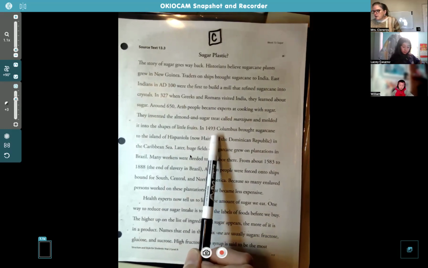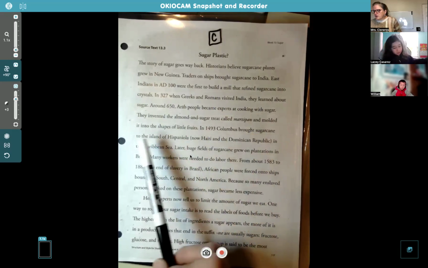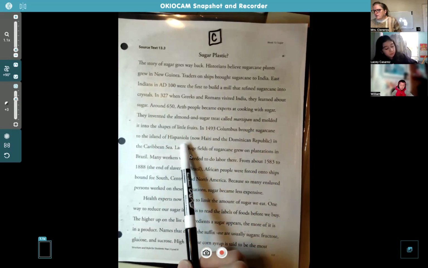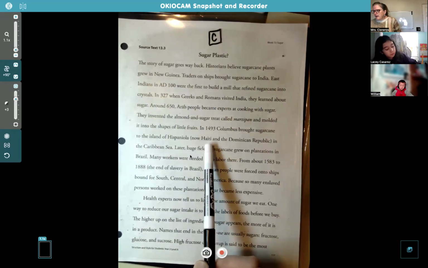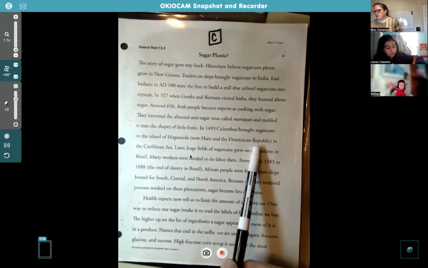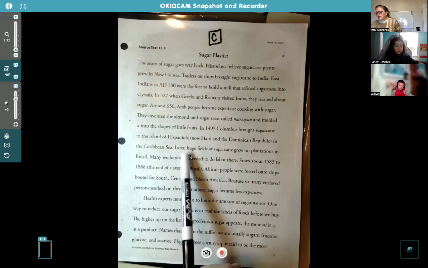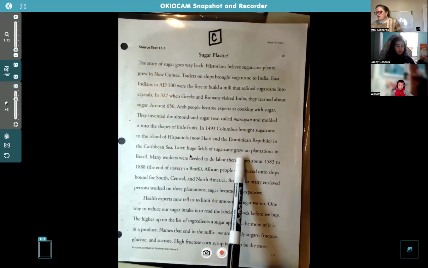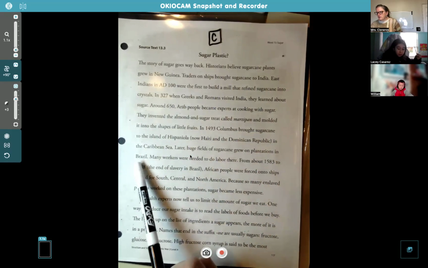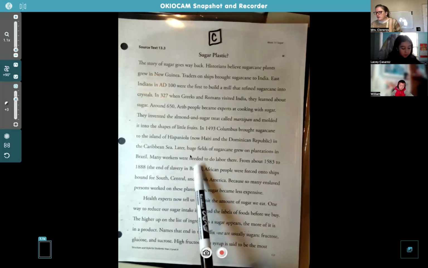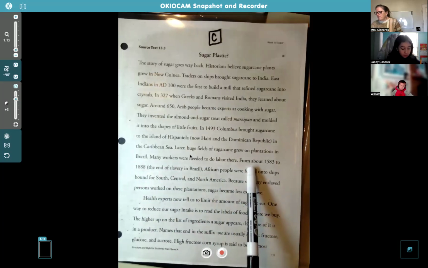In 1493, Columbus brought sugarcane to the island of Hispaniola, now Haiti and Dominican Republic in the Caribbean Sea. Later, huge fields of sugarcane grew on plantations in Brazil. Many workers were needed to do labor there.